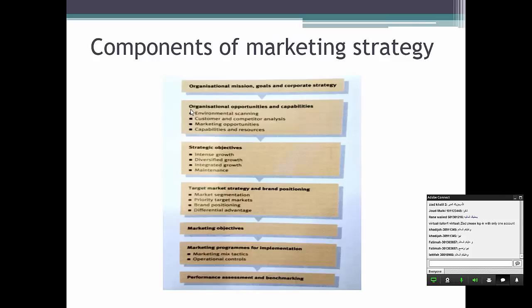He said that if you want to analyze any industry or any business, you need to analyze 5 items or 5 forces. Okay, you need to analyze the competitors inside the industry. You need to analyze the force of the customers. You need to analyze the force of suppliers, and you need to analyze the alternative products.